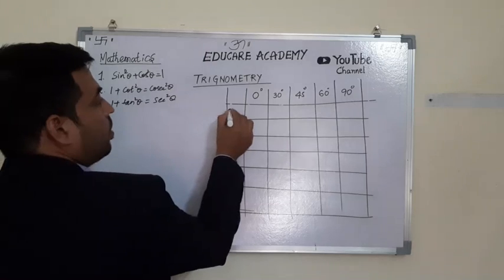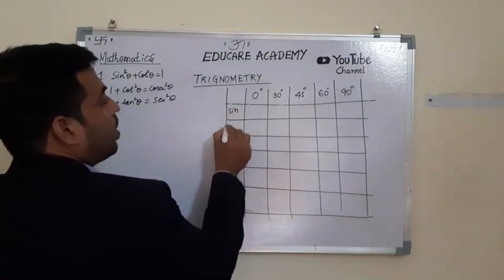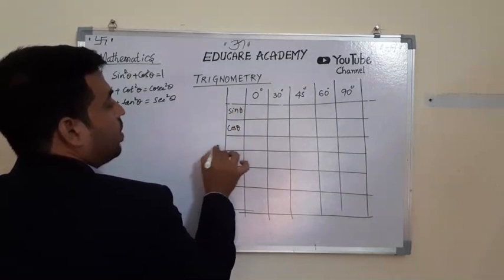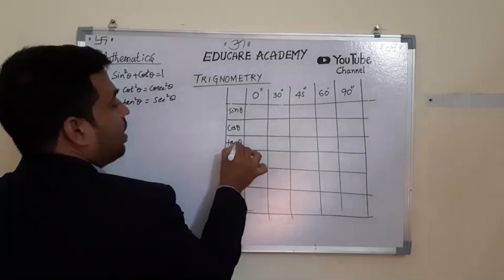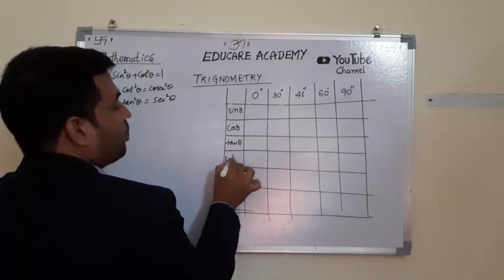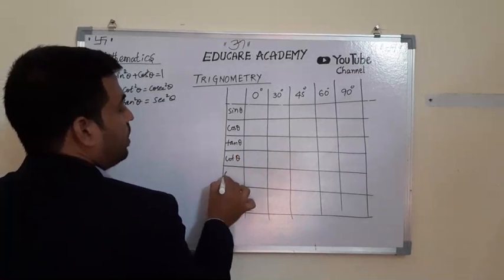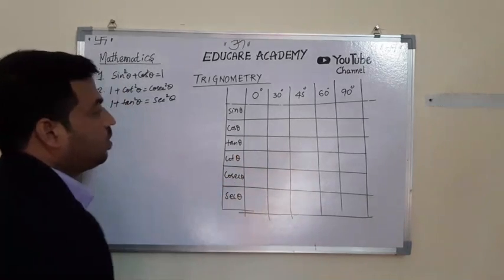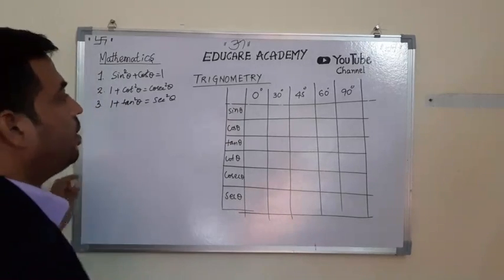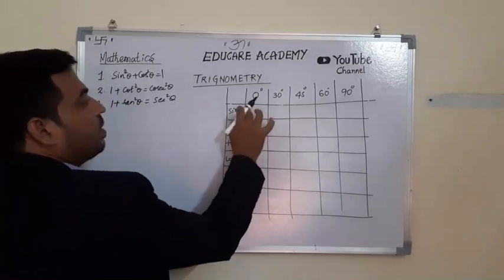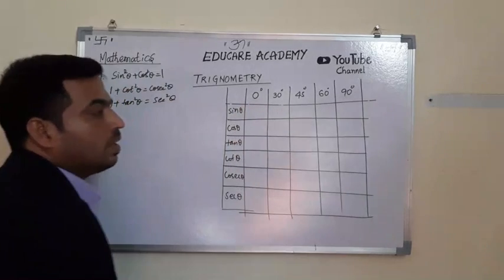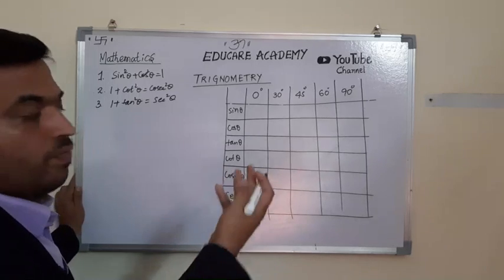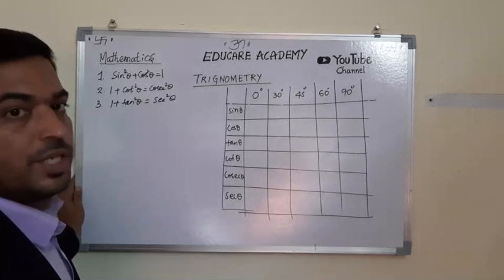We have sine theta, cos theta, tan theta, cot theta, and opposite to sine is cosec theta, and secant theta. See here, it's very easy. First, if you remember the sine theta values, sine 0, sine 30, sine 45, sine 60, sine 90, you can easily form all the other values by taking the ratios.